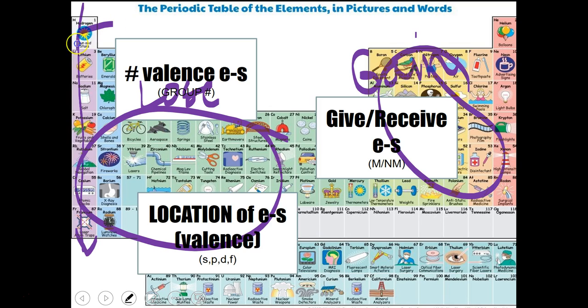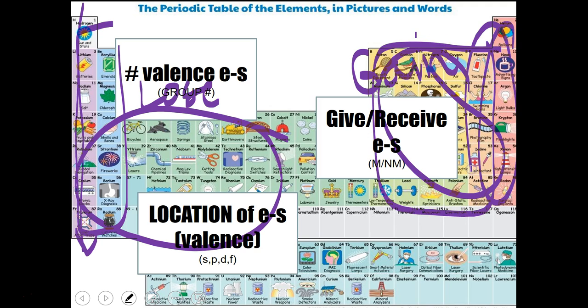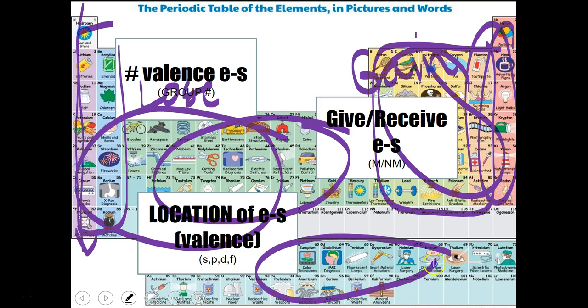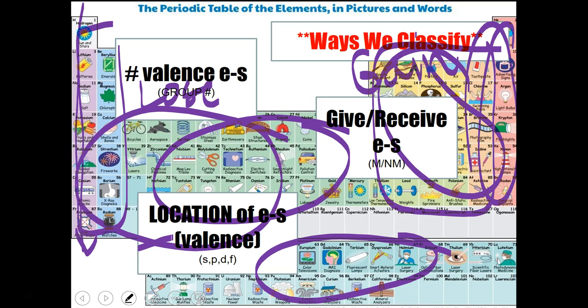We can look at whether it is in the S block, the P block, a noble gas, the D block or the F block. That's going to tell us where those electrons are, which is going to be very important for our next unit when we get to bonding. So those are the 3 main ways we can use the periodic table to classify things, and the 3 main reasons why the periodic table looks the way that it does.